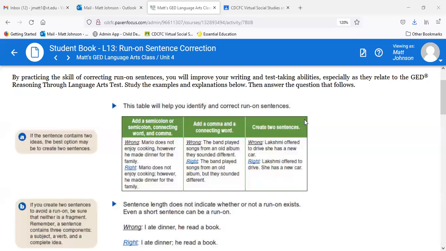So if I said, let's see, my daughter doesn't like cheese on her hamburger. I, however, like pepper jack cheese, whatever. So you see there, however comes the beginning of the sentence.